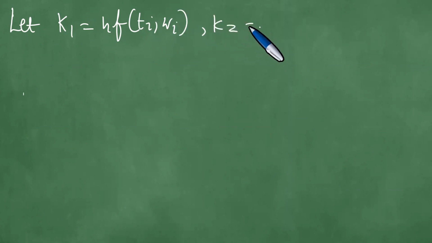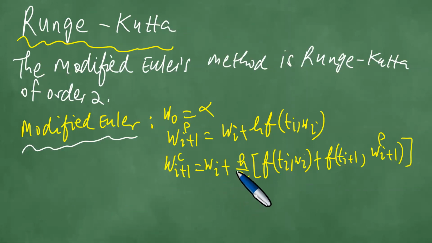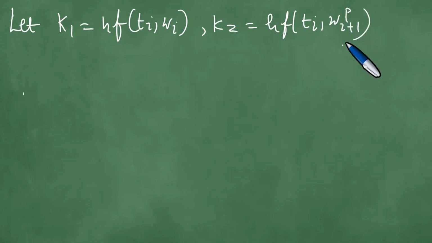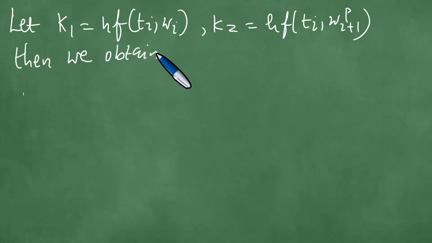And K2 be the other one. H of this. Just leave the 2 out of it. Okay, I know I wrote these in different symbols, but if you let this, then we obtain the Runge-Kutta relation.